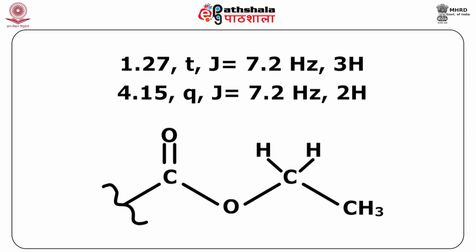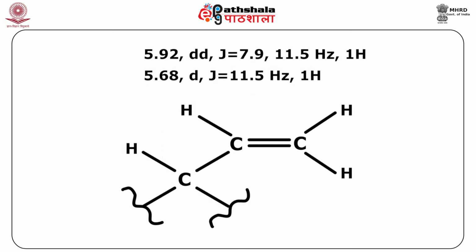As we can see, this is able to show a quartet at 4.15 with a coupling constant of 7.2 Hz. Similarly, the other methyl group is the 1.27 triplet with a coupling constant of 7.2 Hz.